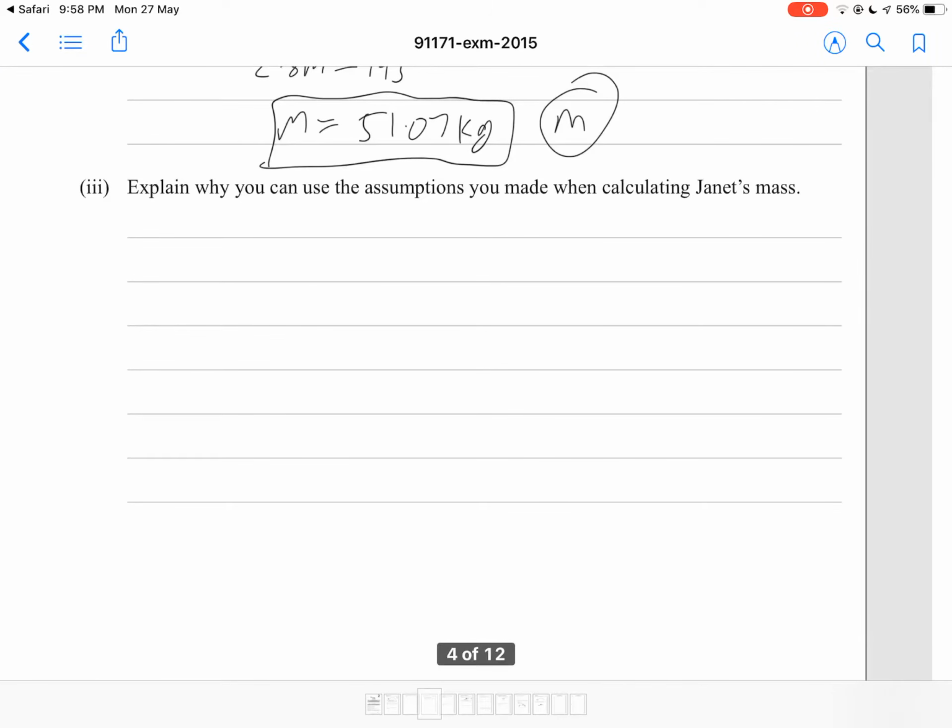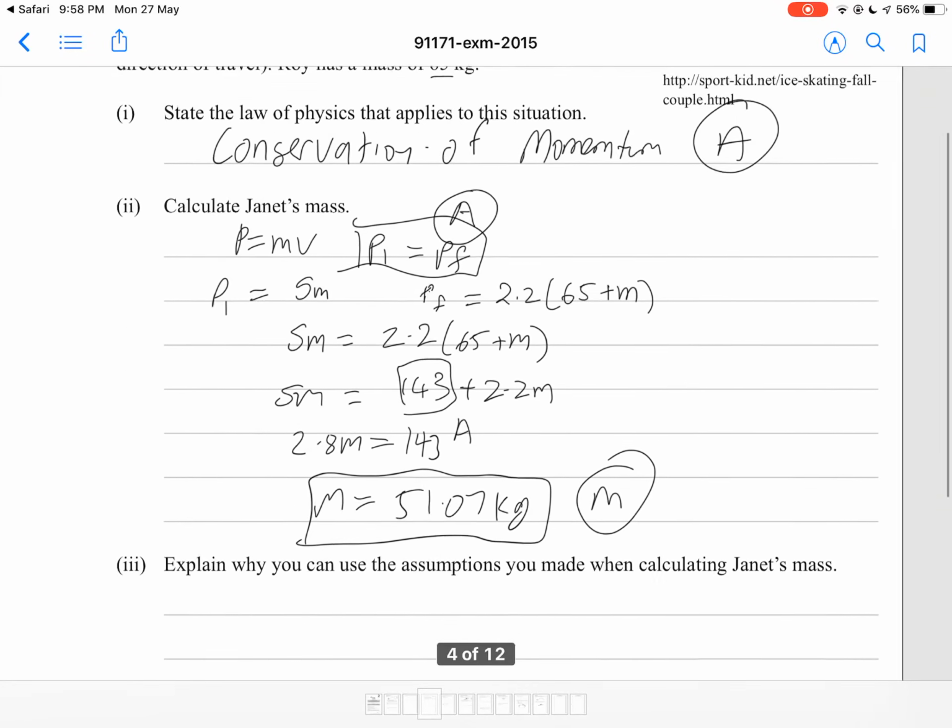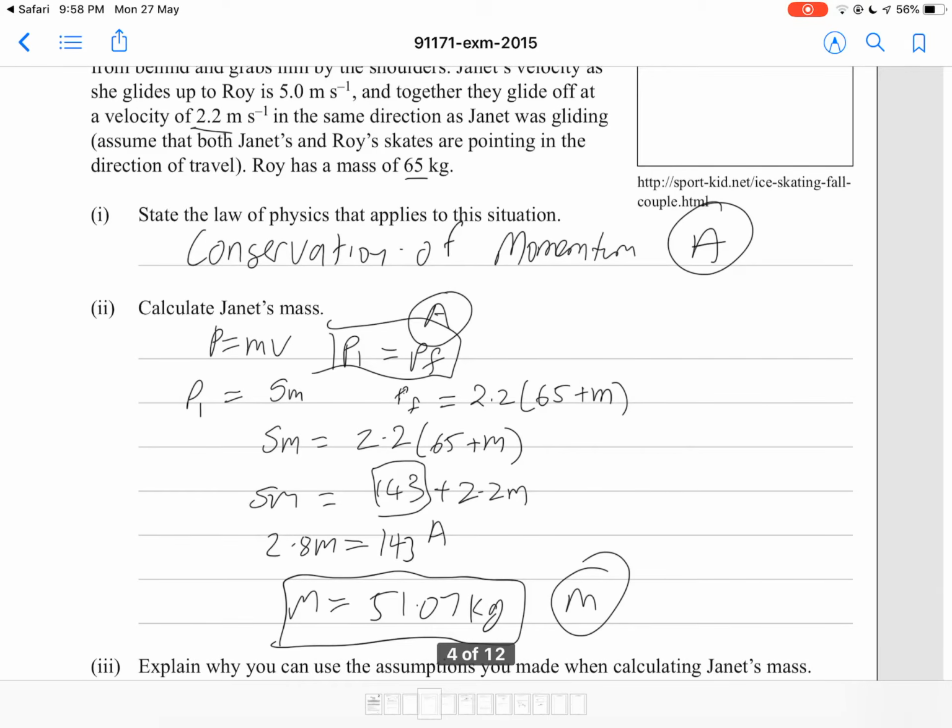Explain why you can use the assumptions you made while calculating Janet's mass, okay? So you know that they're ice skating, right? So when you're ice skating, there's pretty much no friction on the ice, okay? We know that friction is an external force, okay?